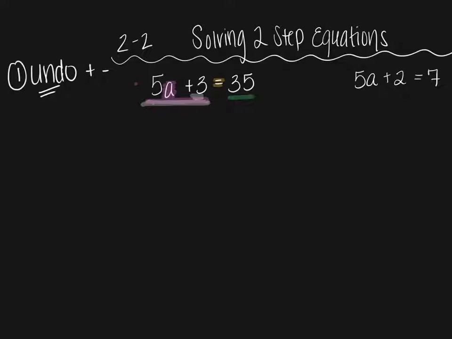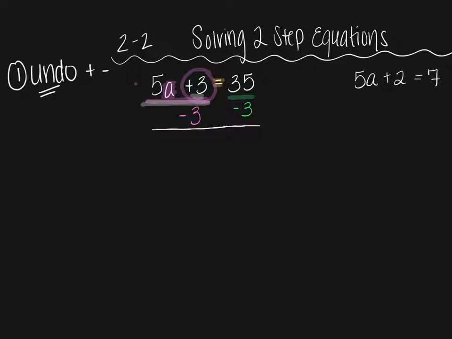So in order for me to get 5a by itself, I have to undo this addition. Well, how do I undo addition? What's its opposite? Oh, it's subtraction. So I'm going to end up subtracting 3 from this side. But what I do on one side of my equation, I've got to do over here on this side.